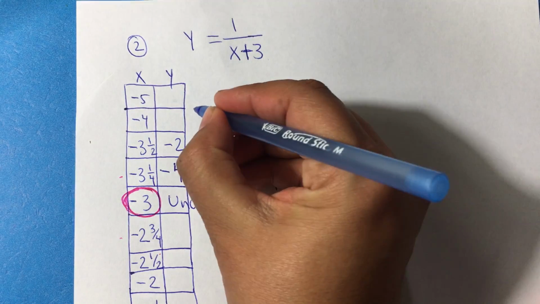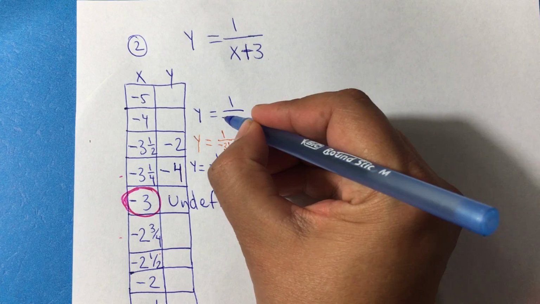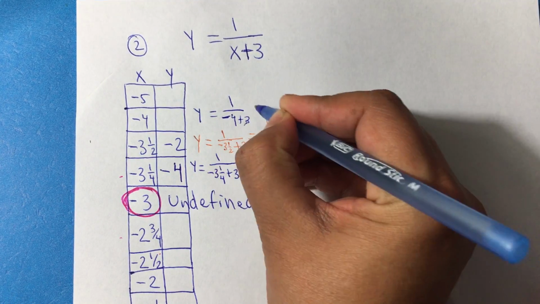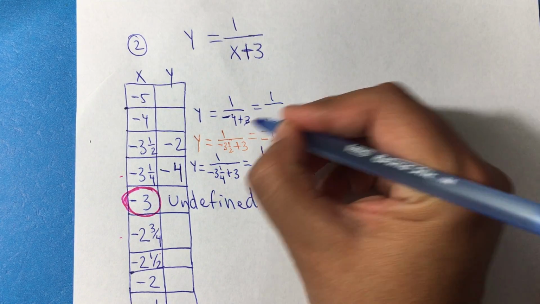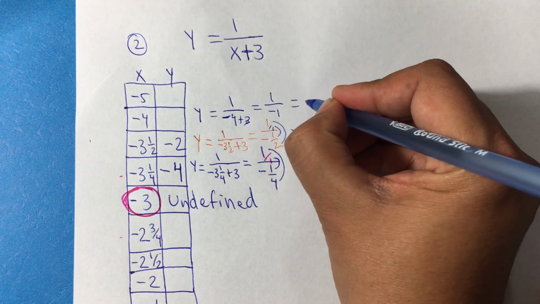For the next one, I have y is equal to 1. Now I have whole numbers, or integers actually. So x is -4 plus 3. 1 divided by -4 plus 3 is -1, and 1 divided by -1 is -1.